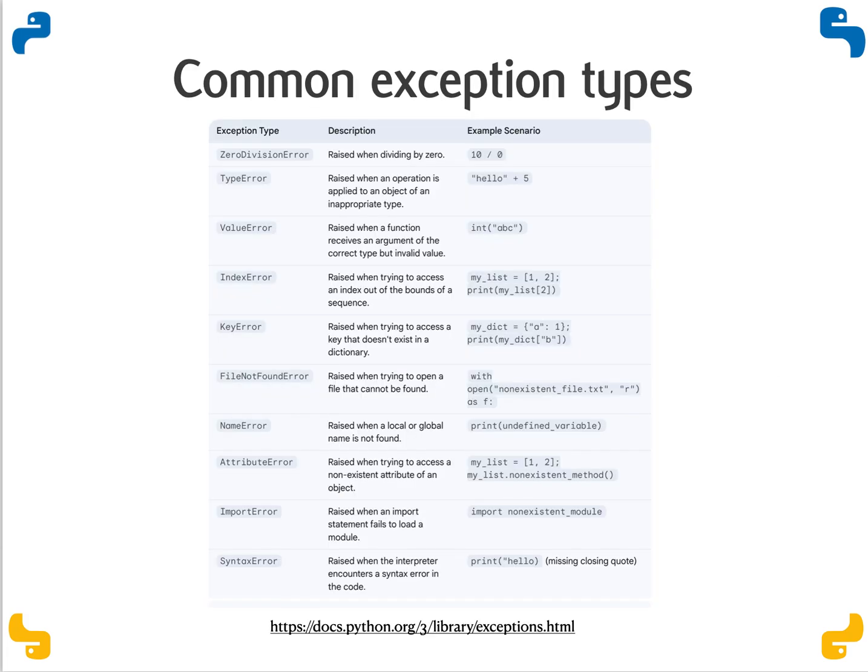So to efficiently handle errors, Python offers built-in exception types. Shown here are the most commonly used exception types, which allow us to identify and respond to specific issues during program execution.